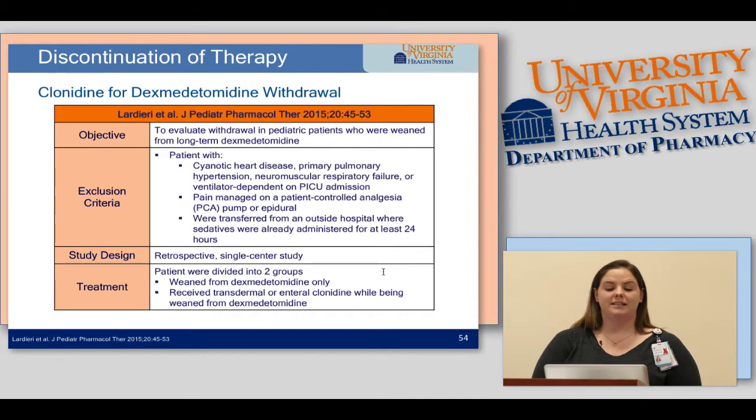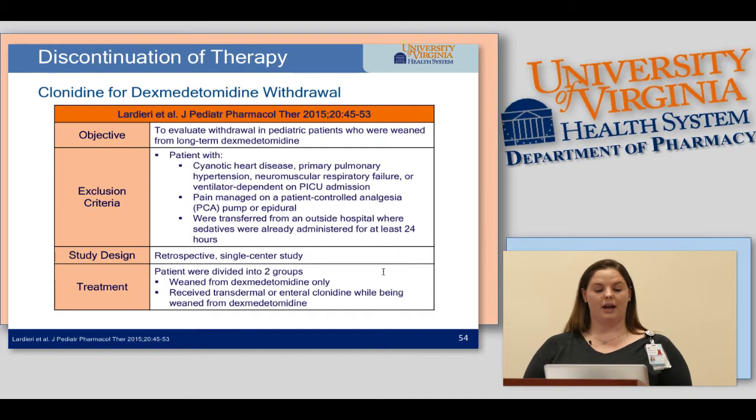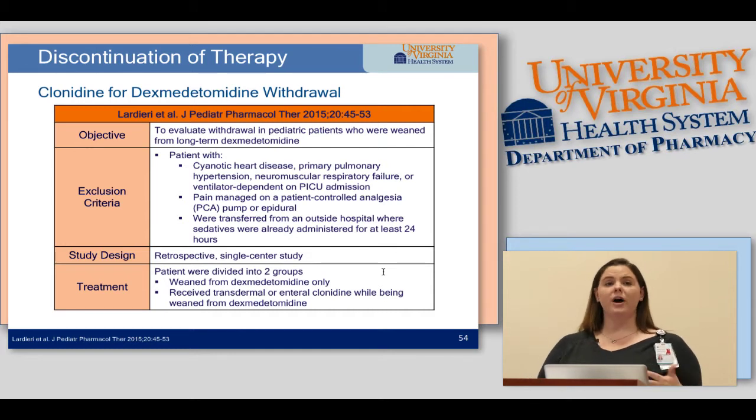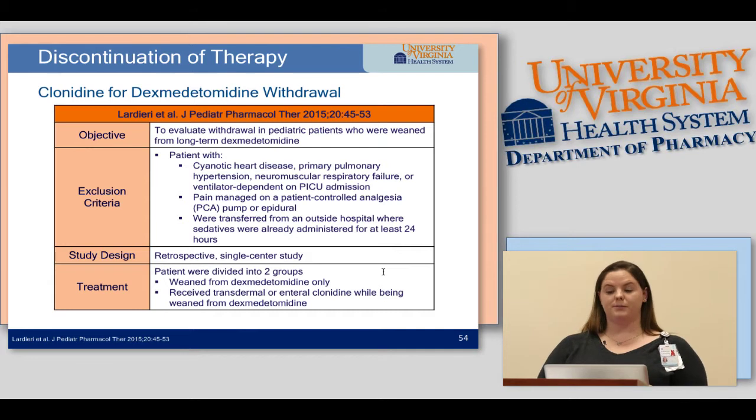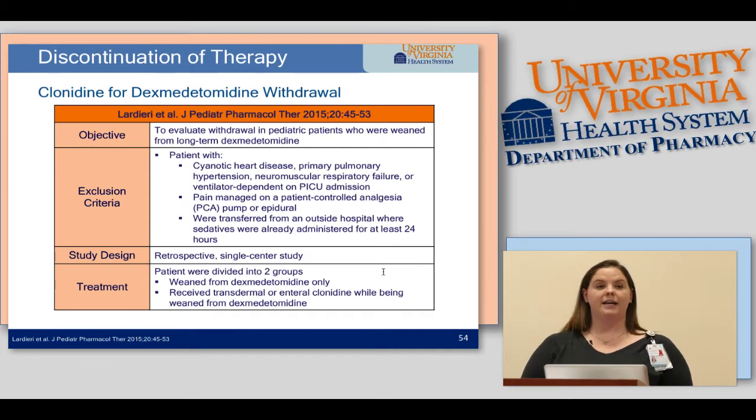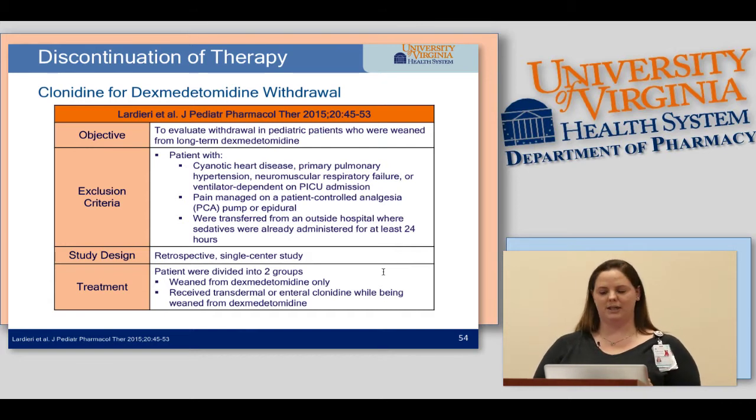It was a retrospective single center study, and patients were divided into 2 groups. They were either weaned from dexmedetomidine only, or they received transdermal or enteral clonidine while being weaned. Of note, the typical weaning for dexmedetomidine at this institution was decreasing by 0.2 to 0.5 mcg/kg/hour, with changes made every 12 hours, with the goal of reaching 0.2 to 0.5 mcg/kg/hour prior to discontinuation.